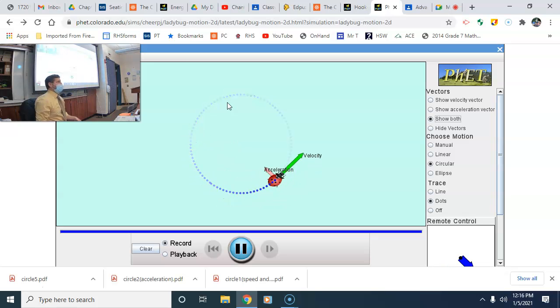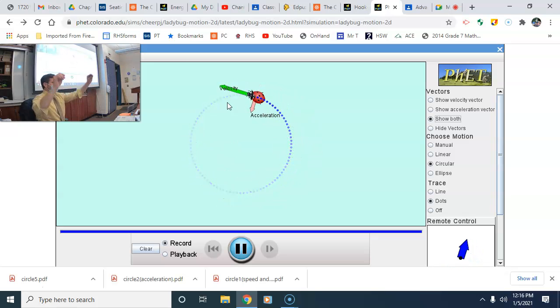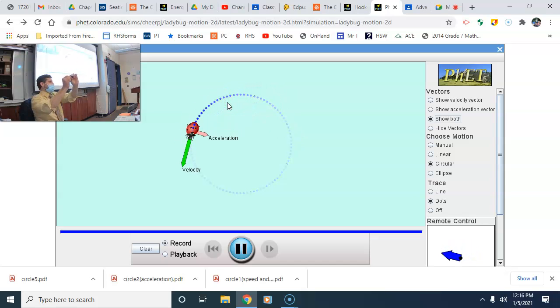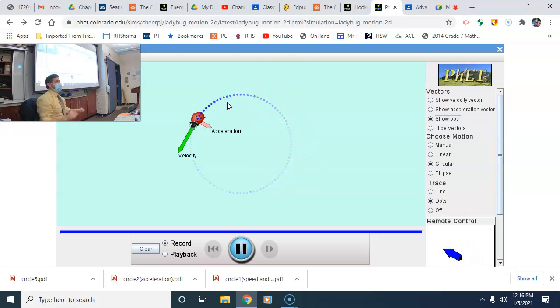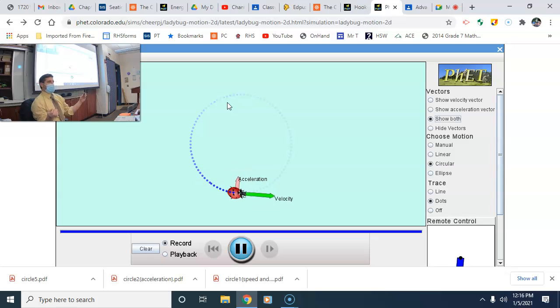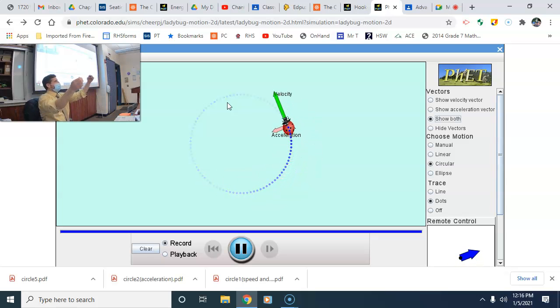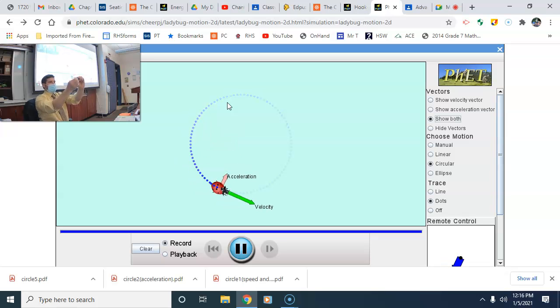Now, I'm not lying to you, but if the acceleration is towards the center and the force is towards the center, why, while I swing this, isn't this object actually approaching the center? Doesn't it stay on the outside of the circle? Everybody agree? So what I'm telling you is right, and it is. If the acceleration and force is inward, why, while I swing it, isn't it going inward?